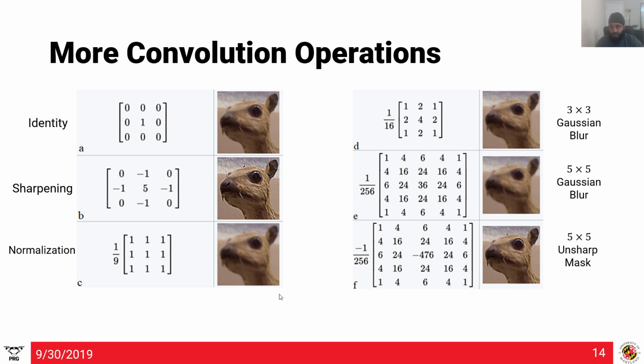The next one is a 3 cross 3 Gaussian blur. Again, I have a normalization factor, because my matrix has some higher values, right? I don't want to increase the intensity of whatever my image is. If I don't have this 1 by 16, my image will brighten at multiple scales.